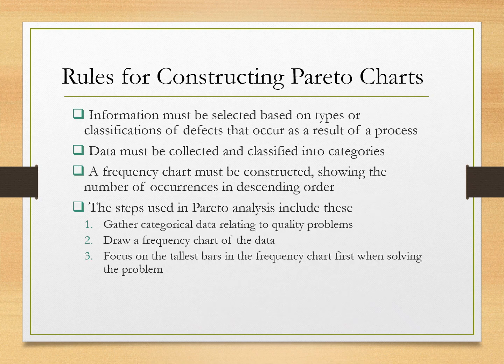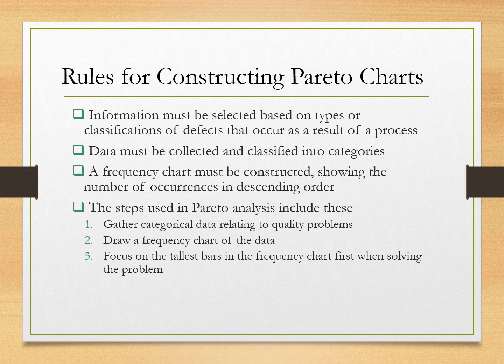To construct Pareto charts, we need to follow several rules. First, we need to use categorical data on defect types, and data must be collected and classified into clear categories. And then we construct frequency charts, sorting in descending order.